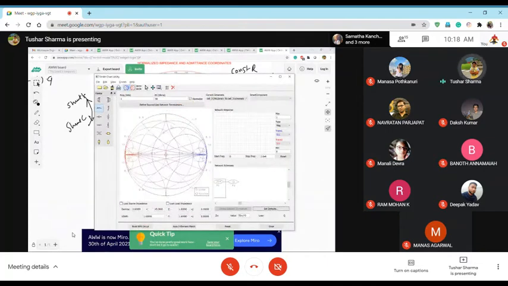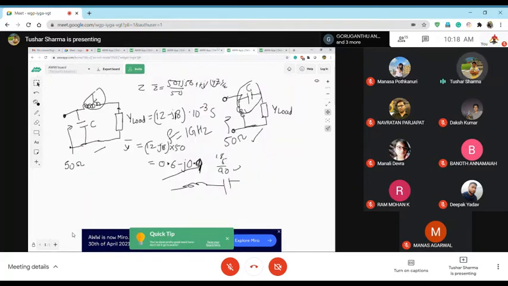So if you use series L here, you are going all the way out. So let me just put it this way. And now from here I put series C. The problem is, what will series C do? Series C will also move on a constant R circle.